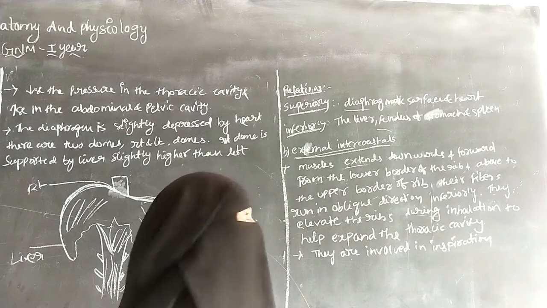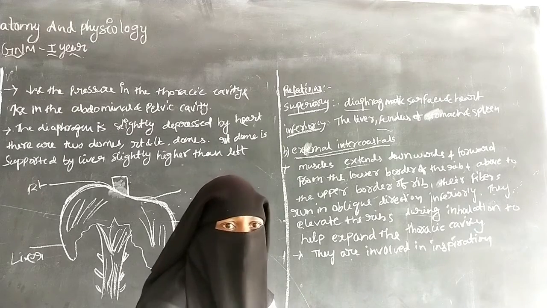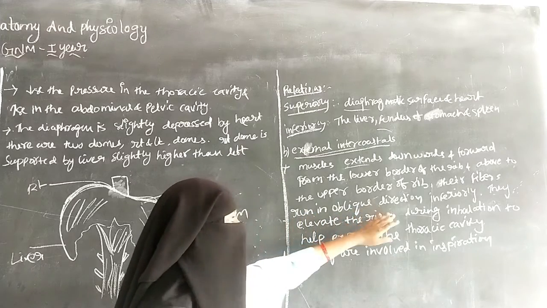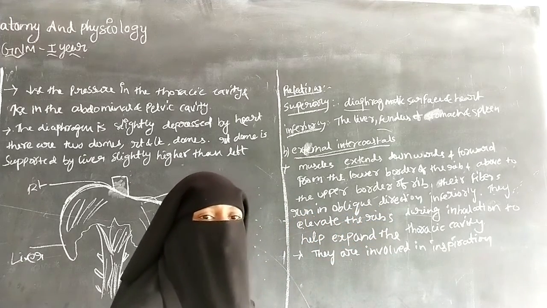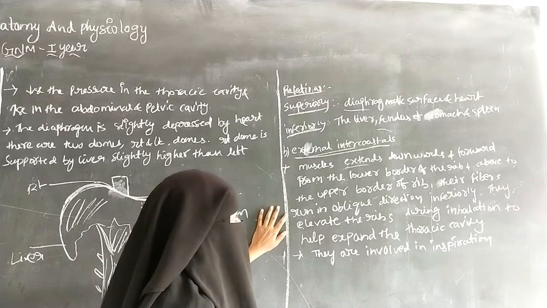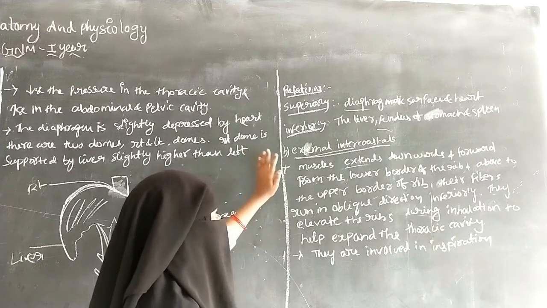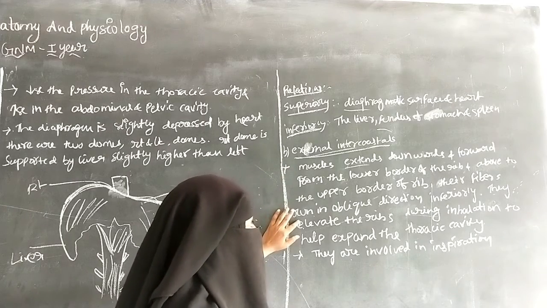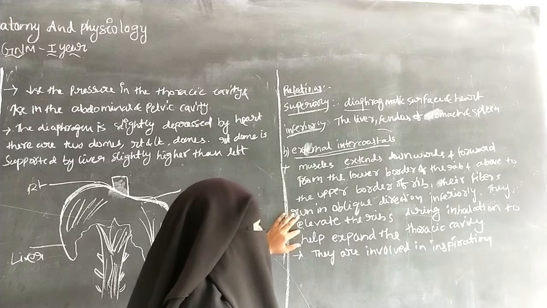The fibers of the external intercostal muscles run in an oblique direction, downward and forward.